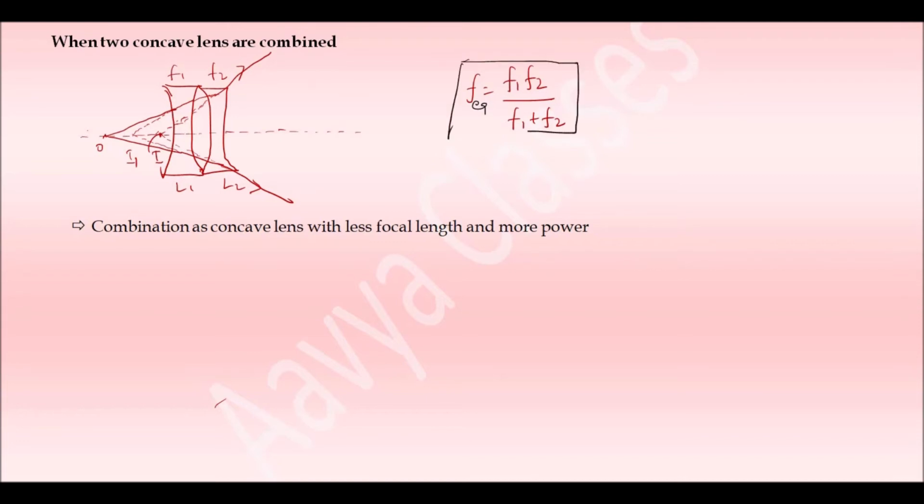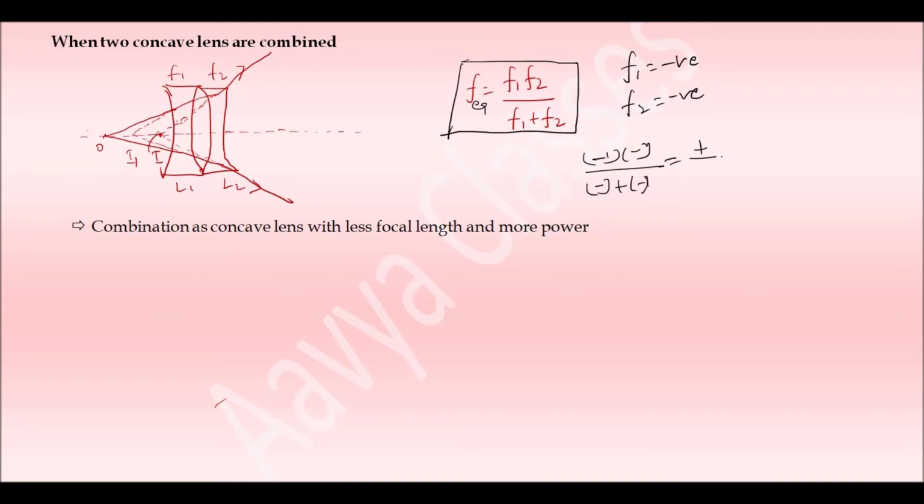Now for this divergent lens, F1 comes with a negative sign and F2 also comes with a negative sign, or we may say that the power of both lenses is negative. So as F1 is negative and F2 is negative, we are multiplying two negative quantities in the numerator, and adding two negative quantities in the denominator.